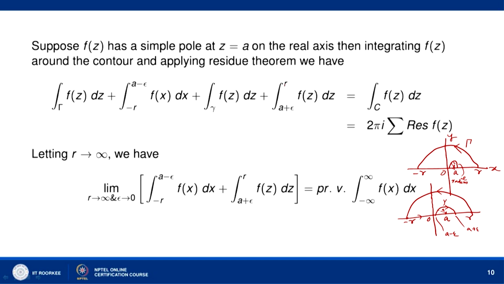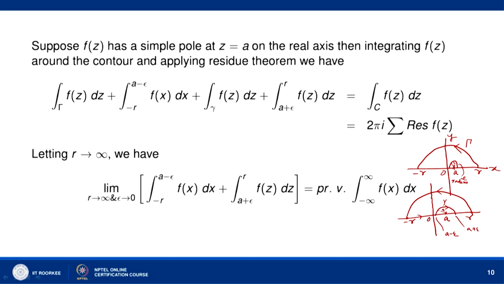So, by drawing a sufficiently small circle with center at the point a, we can avoid the singularity at the point a.